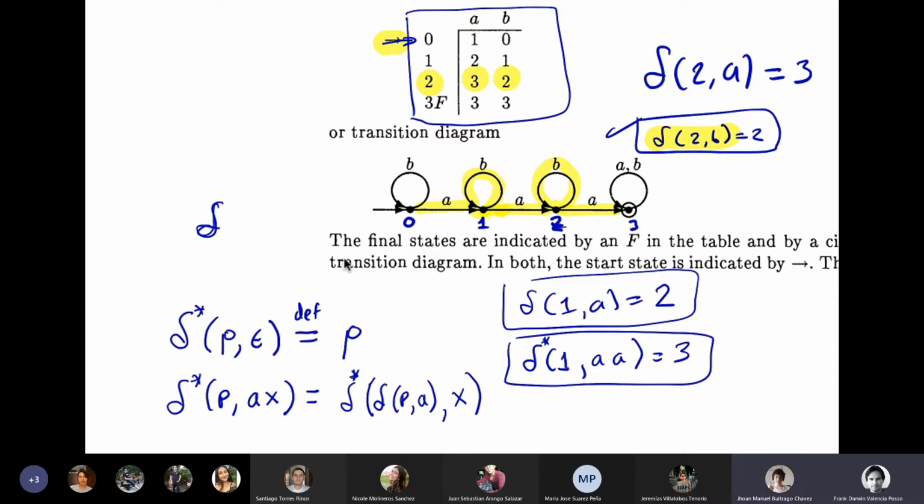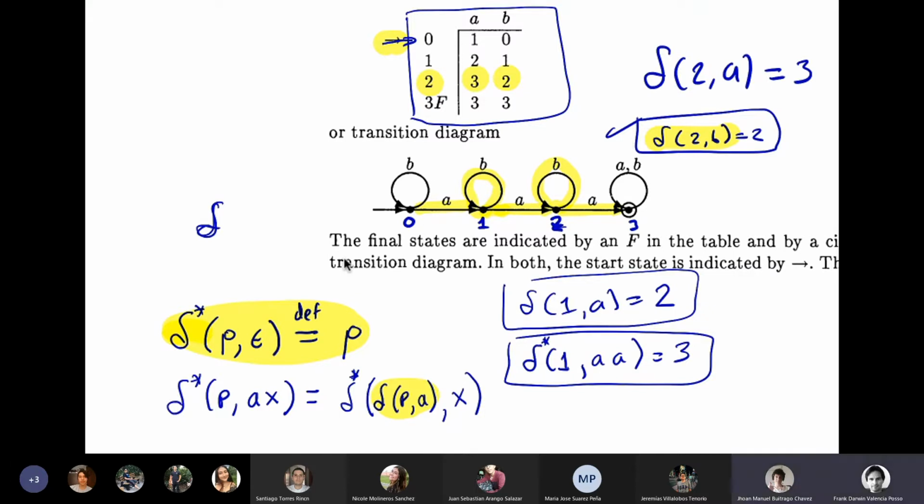Yeah. So I think about this like I'm doing some steps. Let's say I start in P and I want to move to the next state given by the string A. When I do that move, the point where I am now will be the next starting point, and then I could do that again and again.